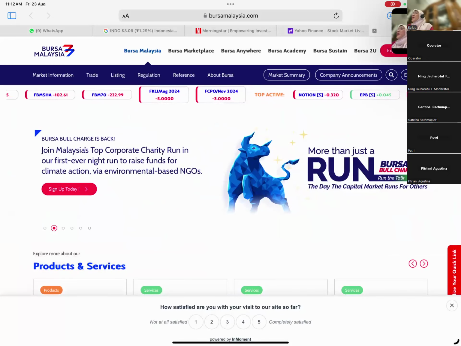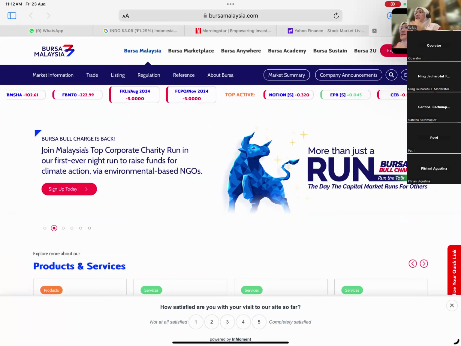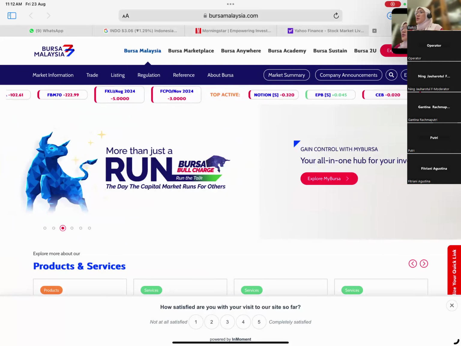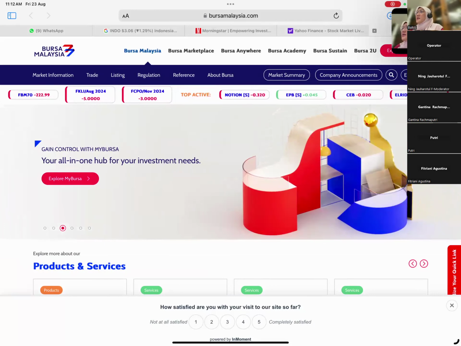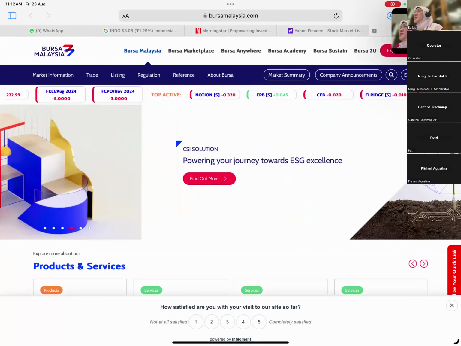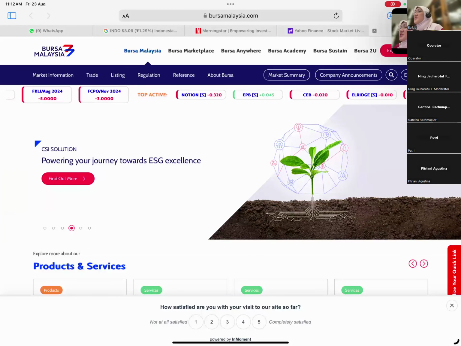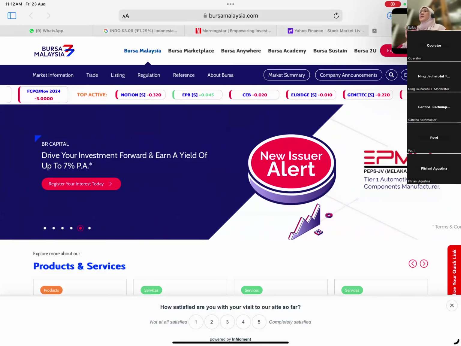It means the top 70 companies, where the Bursa will calculate the average closing price for the top 70 companies. FTSE 50 means the top 50 companies. FTSE 100 means that we calculate the data for the top 100 companies.